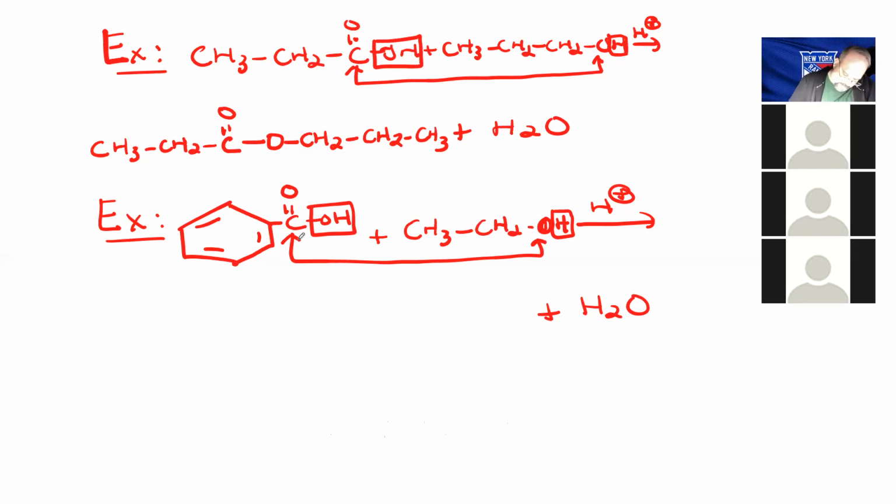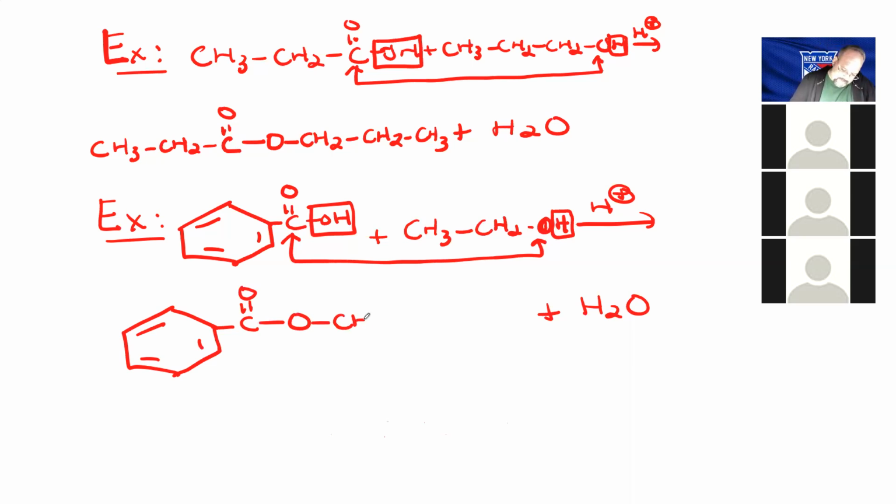Now, again, I'm going to start by drawing the carboxylic acid portion first. Everything stays the same until I get to the C double bond O carbon. And now I have my transition to the alcohol oxygen. So now I'm taking the two pieces and putting them together. Now, in this example, what is that alcohol oxygen still attached to?